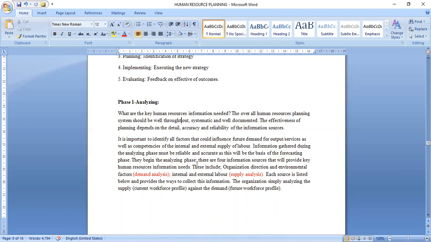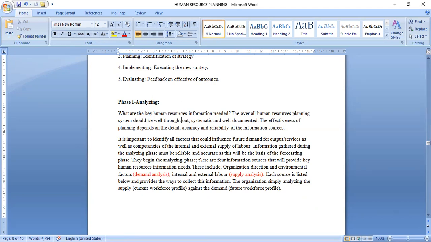With analyzing in the human resource planning process, I'm going to explain it in terms of examples. It is for the organization to look at the current situation, what is happening on the ground.